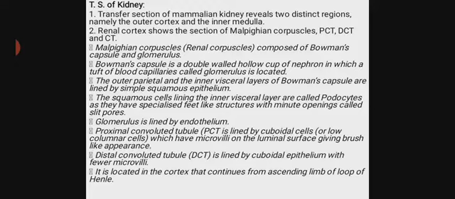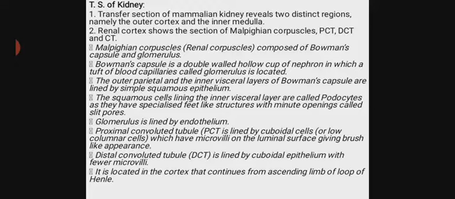Bowman's capsule is a double-walled hollow cup of the nephron in which a tuft of blood capillaries called the glomerulus is located. The outer parietal and the inner visceral layers of Bowman's capsule are lined by simple squamous epithelium, and the squamous cells lining the inner visceral layer are called podocytes. They have specialized feet-like structures with minute openings called slit pores.